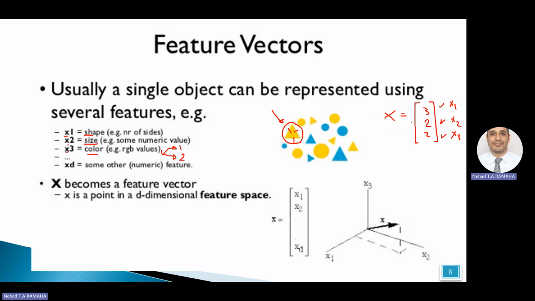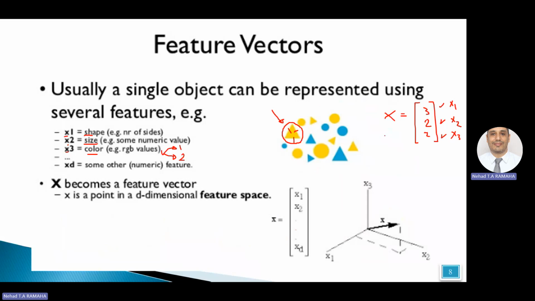If we speak about the 3 directions and we want to represent a vector with 3 features, then X will be a point that represents this object in the coordinate system.